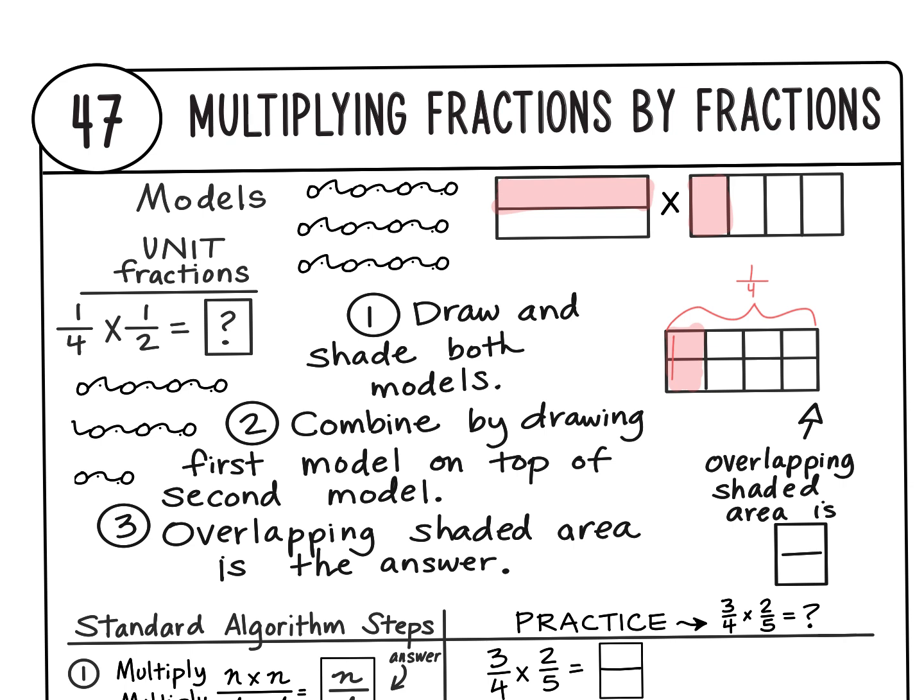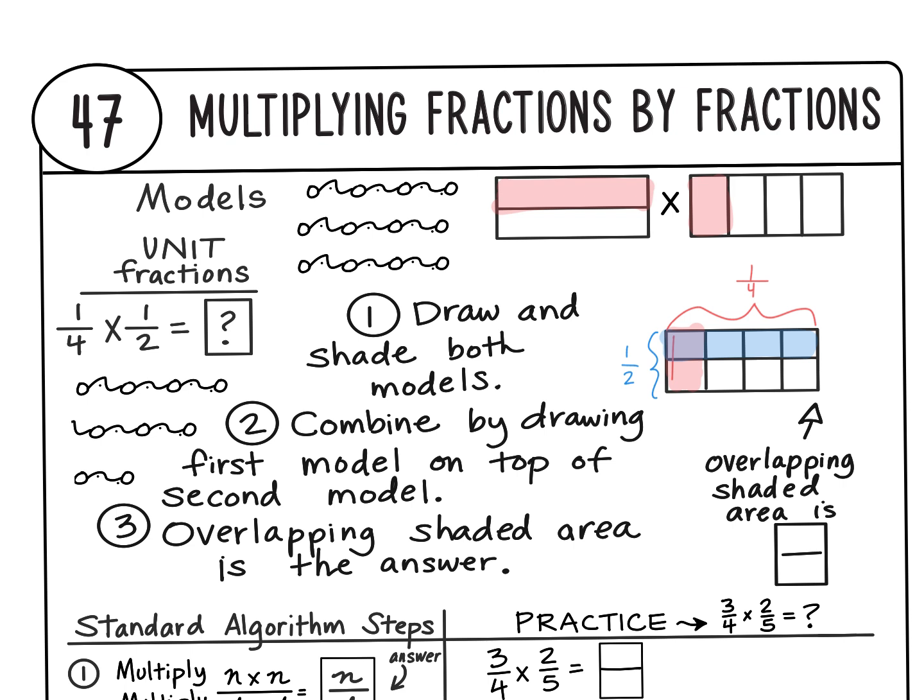Okay, then I'm going to do the same thing, but I'm going to shade 1/2 on the side. So I'm going to take my highlighter and I'm going to shade 1/2 of this model here. Okay, what do you notice now? Now that I've overlapped them, what do you notice?